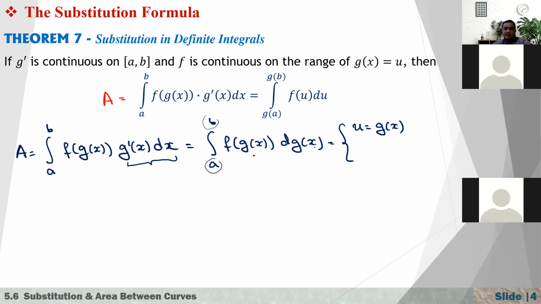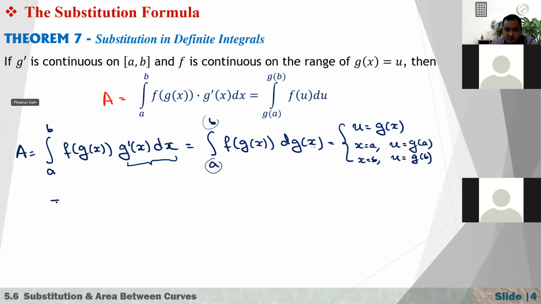Since g prime is continuous, and also f is continuous, when x takes values from a to b, u takes values from g(a) to g(b). So if x equals a, then u is equal to g(a), and if x equals b, then u is equal to g(b).